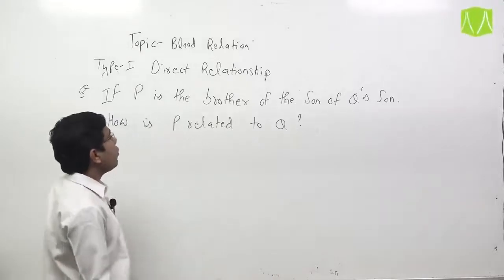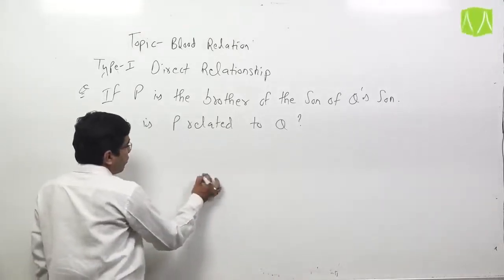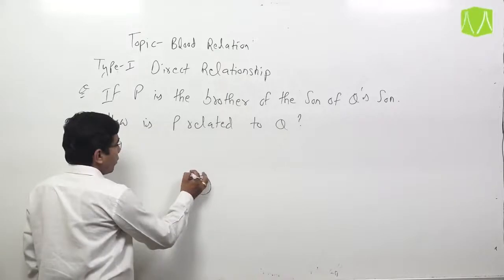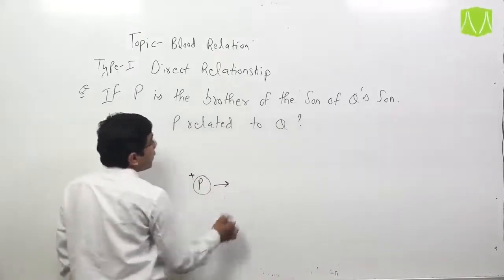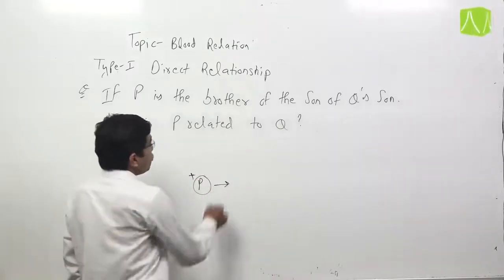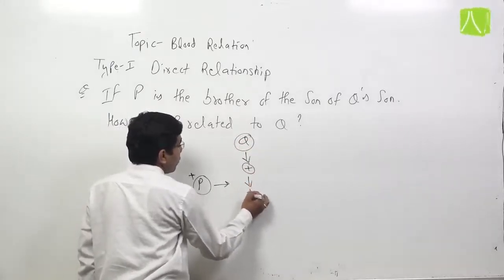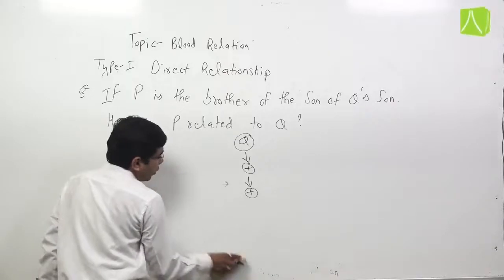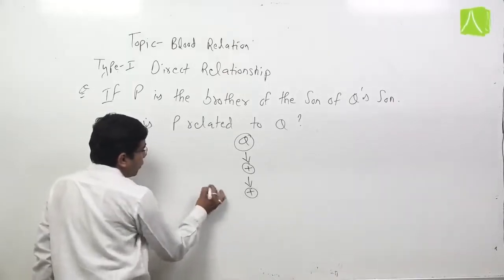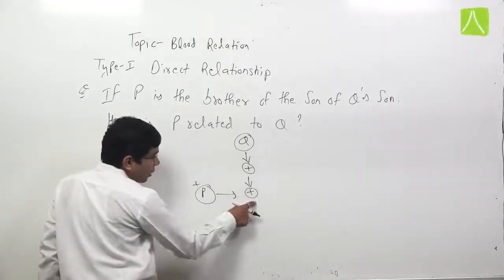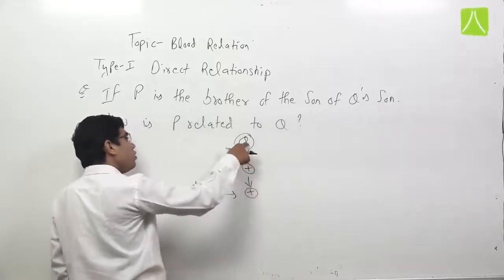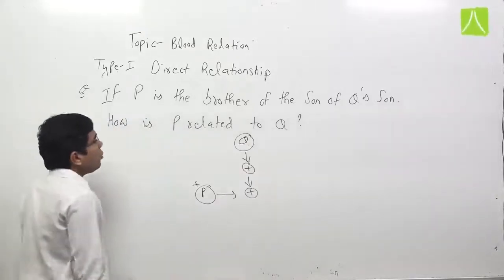If P is the brother of the son of Q's son, that means P is male. P is the brother of the son of the Q's son. If P is the brother of the son of the Q's son, then how is P related to Q?